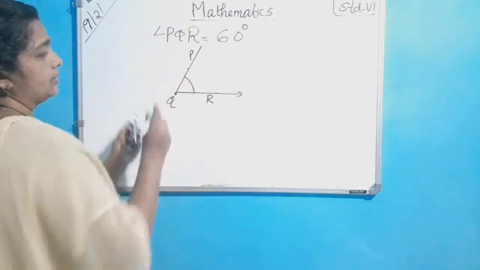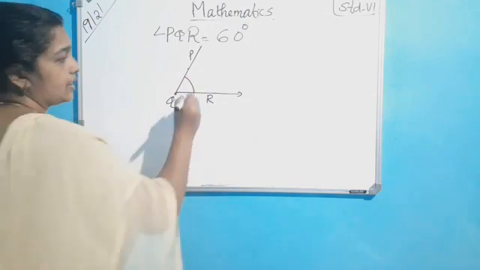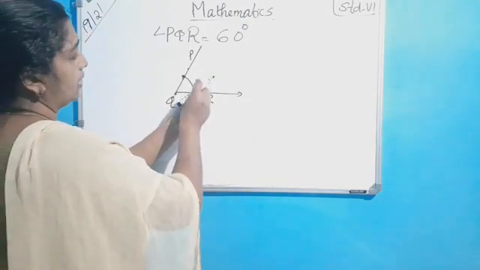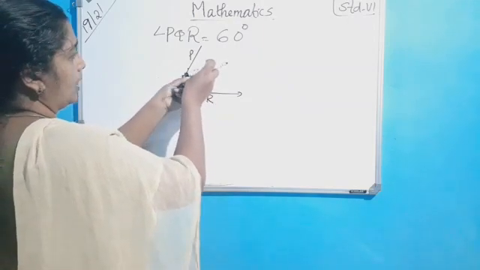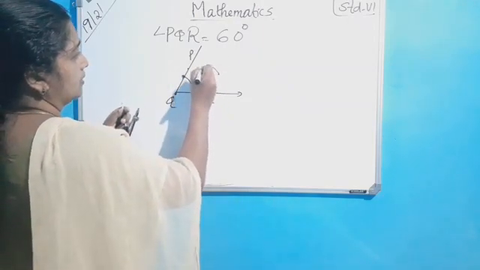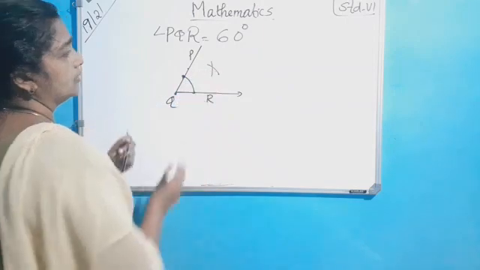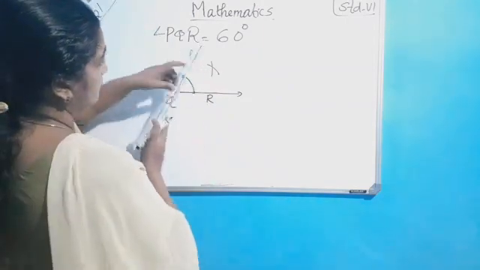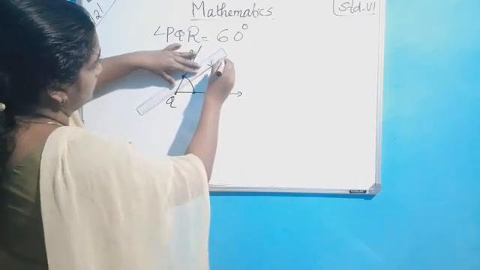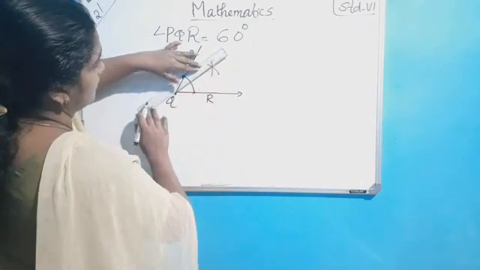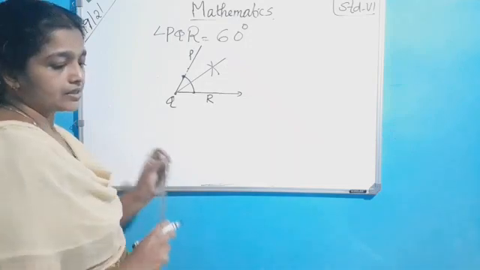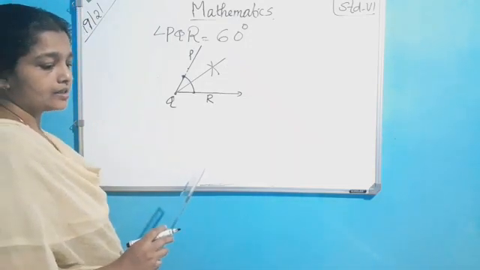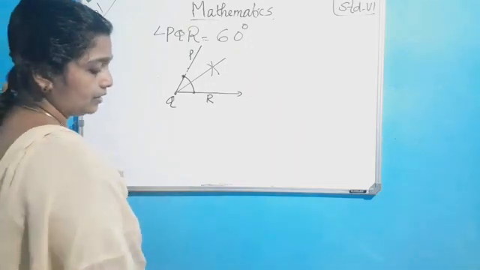From this arc, use the compass again and cut 2 arcs. Then take the scale and join. This is the bisector of the given angle.